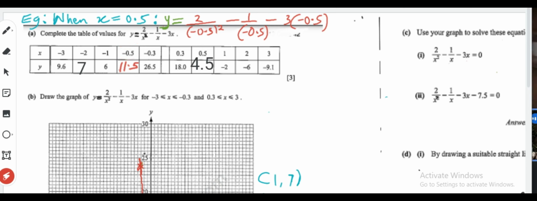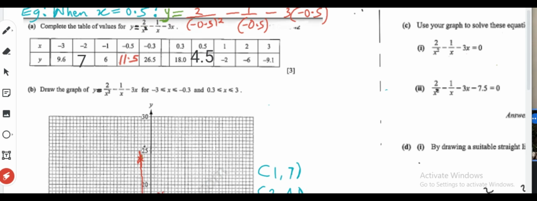That minus 0.5 should be put in a bracket before you square it.